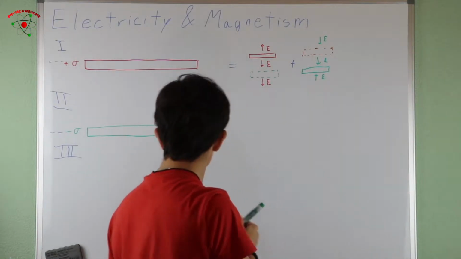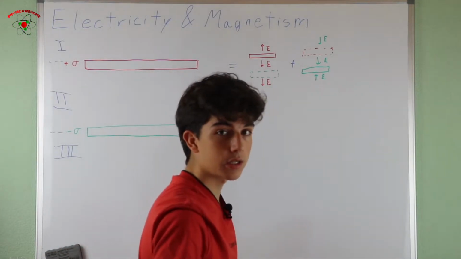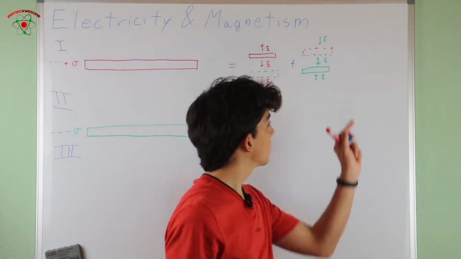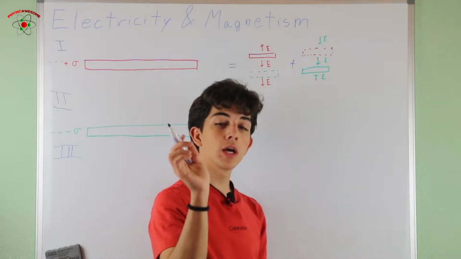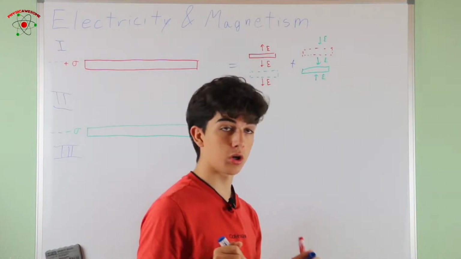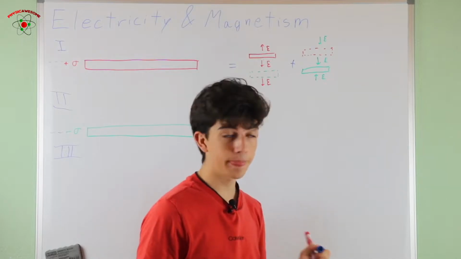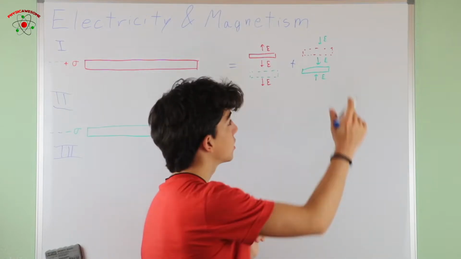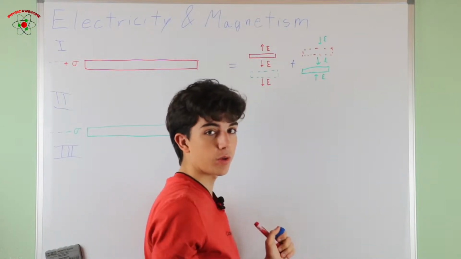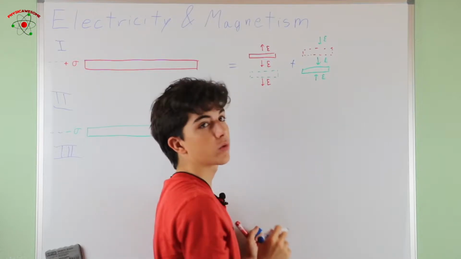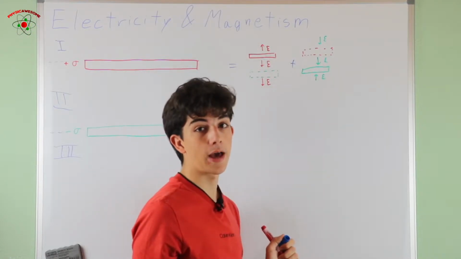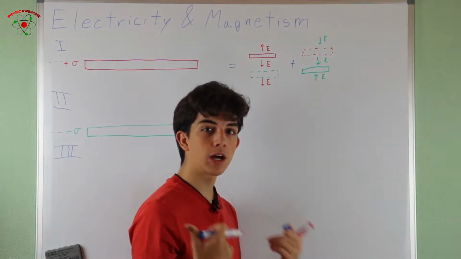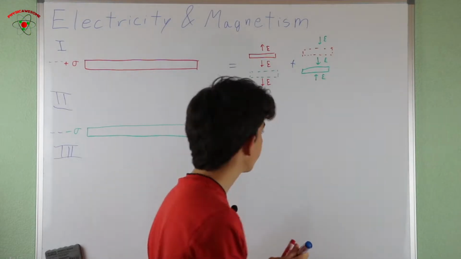What our intuition tells us is that if these two surface charge densities are the same, this electric field is going to be equal to sigma over 2 epsilon naught for each of the thin sheets. Therefore, they are going to be equal but opposite in direction. So this one is going to cancel with that one, and this one is going to cancel with that one, and the ones in the middle are going to add up.